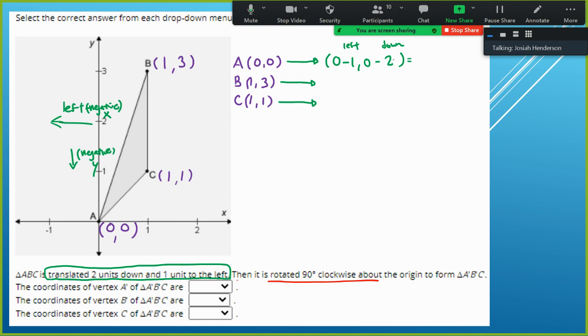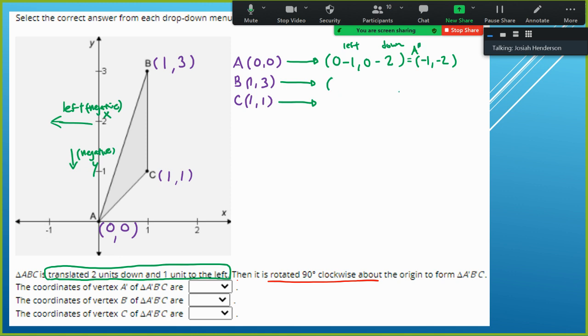And if we simplify, 0 minus 1 is -1. 0 minus 2 is -2. So there's my new A point. Really, I would like to call this A prime, but it looks like they're calling the final A prime. So that'll be our double prime, or the final one will be our double.